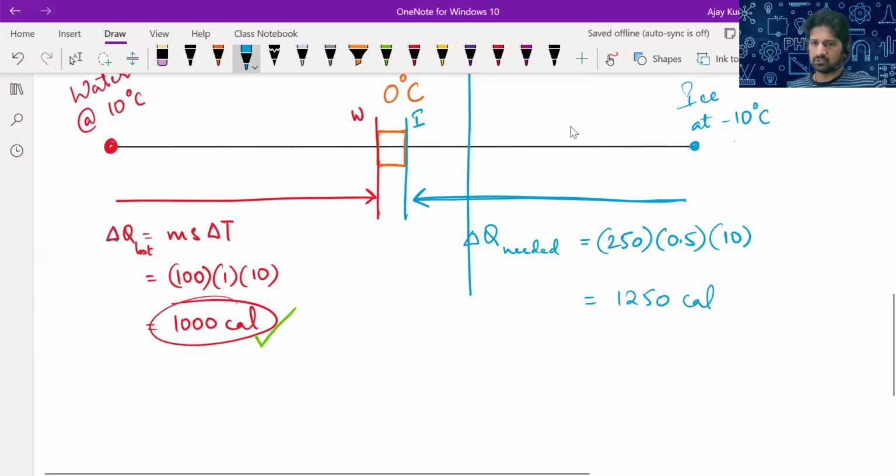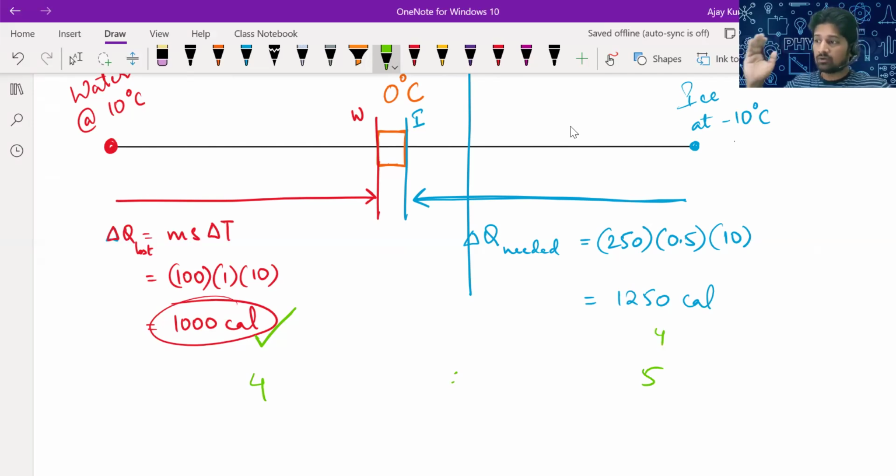In fact, you can tell how much also. 1000 to 1250, the ratio is 4 is to 5. Water is giving 4x amount of heat. For that stage of ice to complete, it requires 5x, but it is getting only 4. Out of 1250 calories, it got only 1000 calories. So only 4/5 of that stage will be completed.